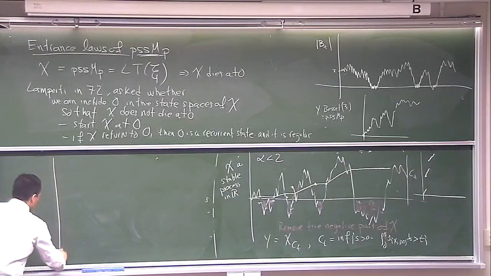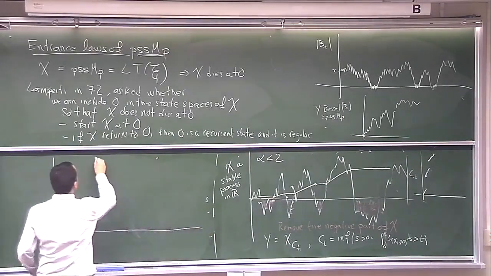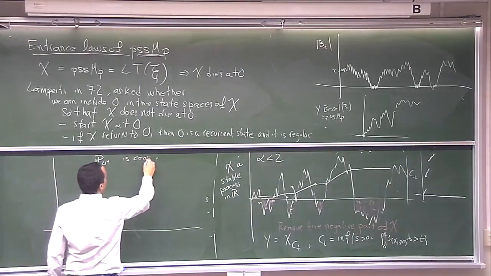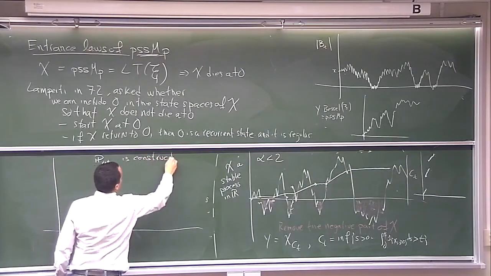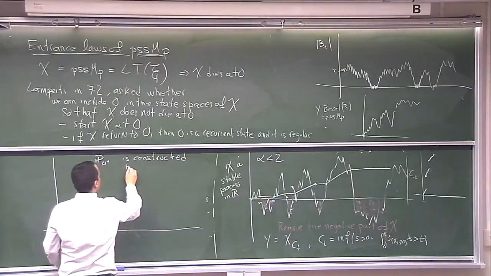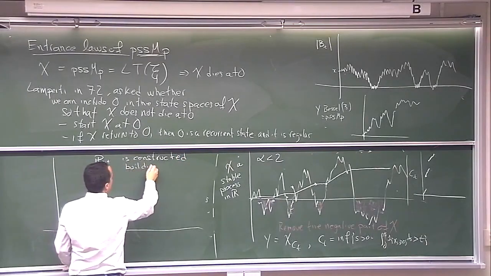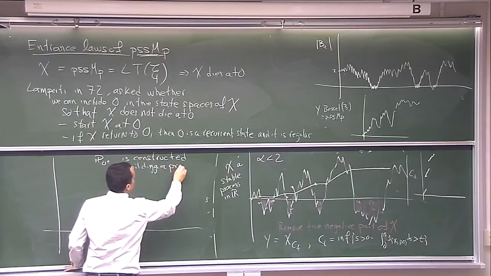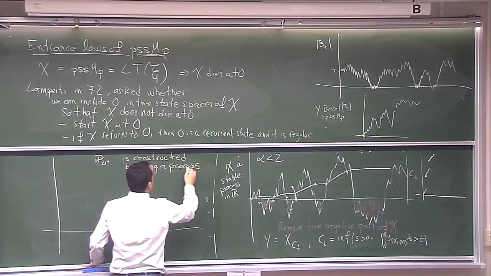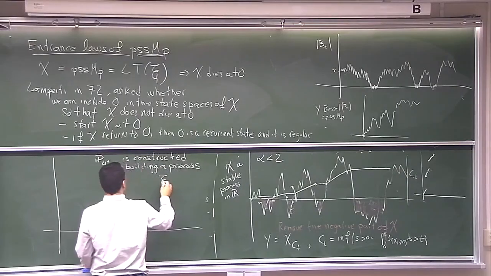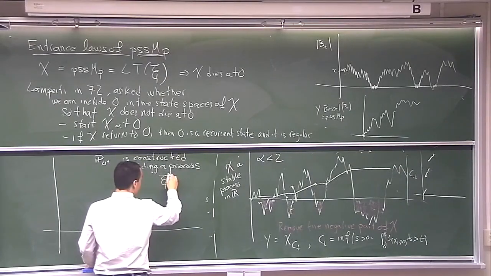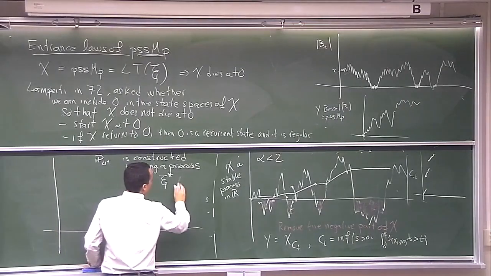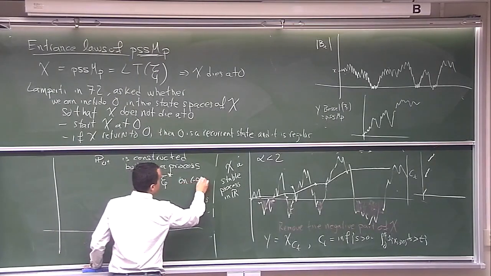So P0 plus is constructed by building a process psi star on minus infinity.